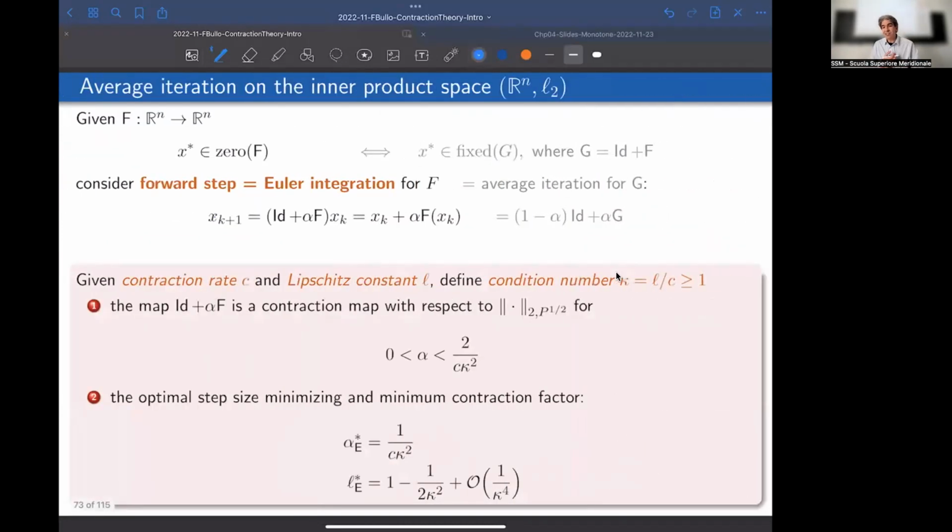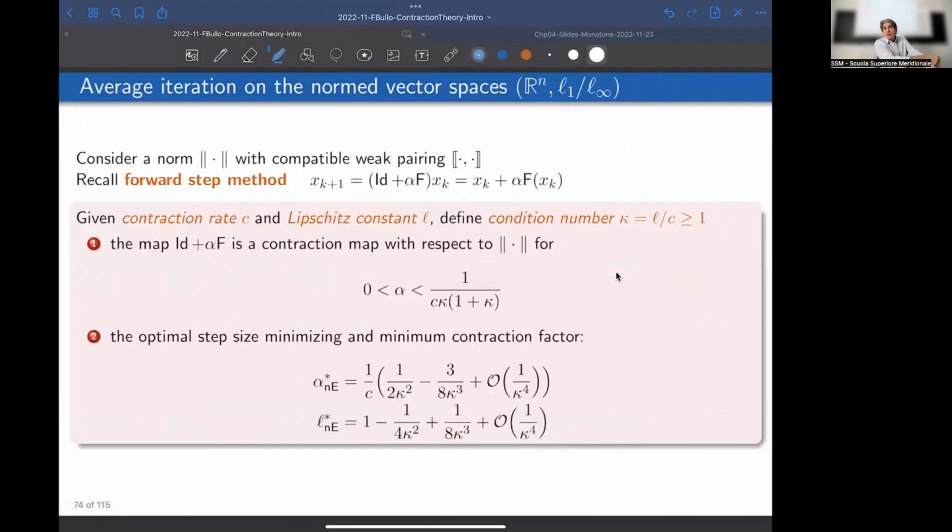The standard case, which is well known in convex optimization and in this field called monotone operator theory, is the case in which you have an inner product space. So your norm is given by an inner product. And these formulas that you see here, I don't want to belabor the formulas, we've seen them yesterday: the range of values of the step size, the optimal step size, the optimal contraction factor, these are well known and standard.